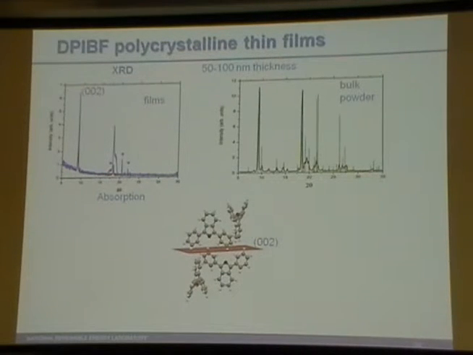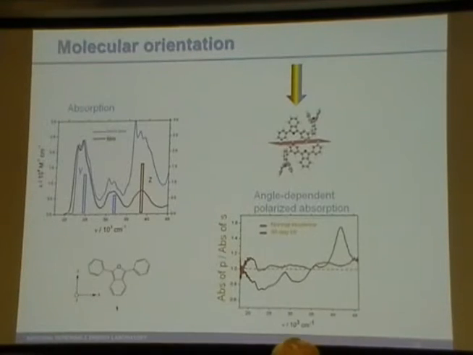We have highly oriented crystallites, and we're just seeing the reflection from one crystal face, and we can identify which one it is by comparison. So we go in and model this, and we know that this plane that I've drawn in red here is essentially the substrate plane, because that's the only peak that we're getting in the X-ray diffraction spectrum. So now we have a really good idea of what our molecules look like with respect to the substrate.